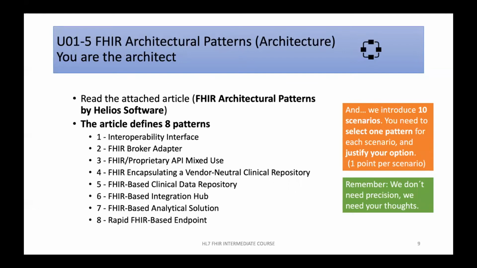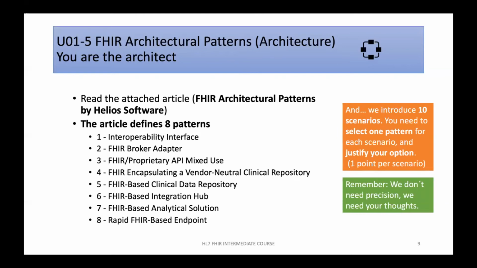Our fifth assignment is about architecture. There's a paper you have to read, written by another software company in their blog. They define 8 patterns. We may not agree with them, but it's just a classification. We can use any classification to think about them. And we introduce 10 scenarios.